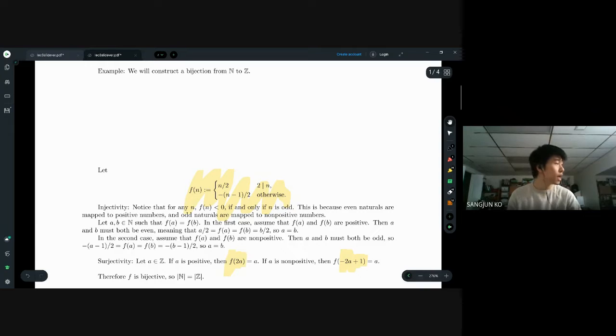That question ultimately boils down to: is there a way to list out the rational numbers in a systematic way such that every rational number actually appears once? And the answer, it turns out, is yes.